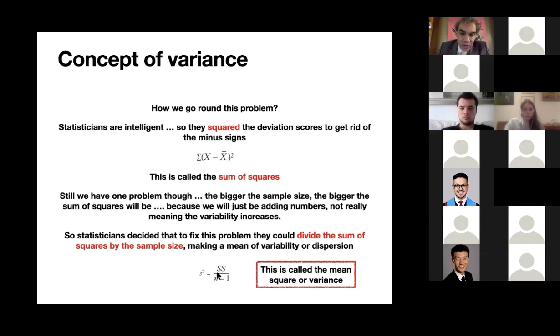But as you are working with a sample, you'll not divide by n, you'll divide by the degrees of freedom, which is n minus 1. And this formula, the sum of squares divided by n minus 1, is called mean square, which is the same as the variance.